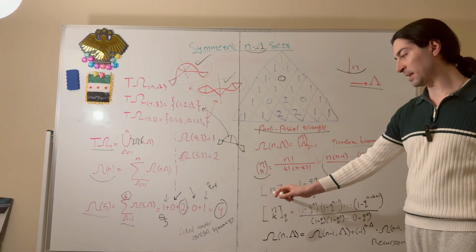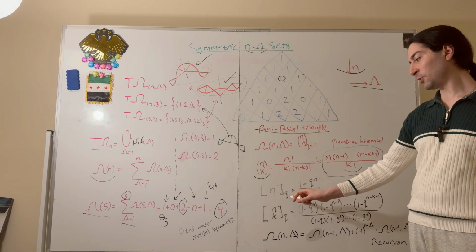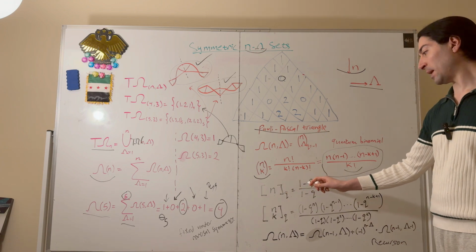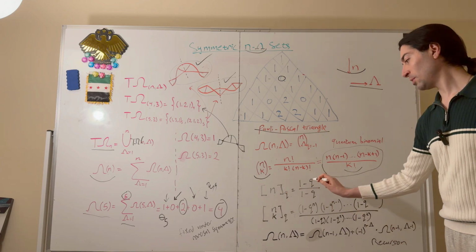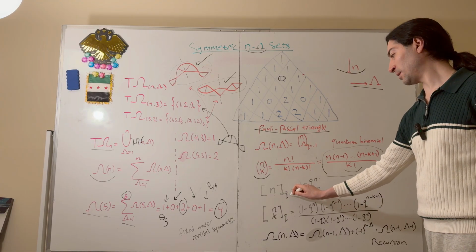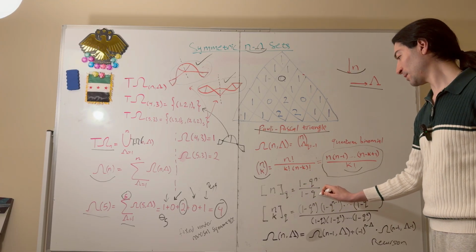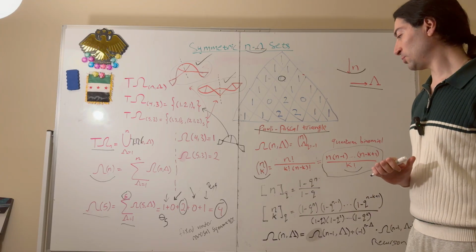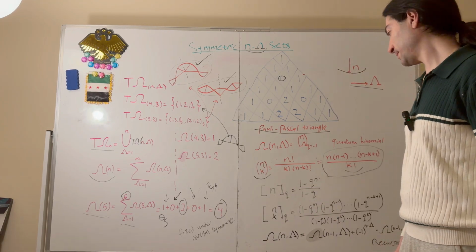Let's say n is 5 and q is 2. Then this would be equal to 1 minus 2 to the power of 5 over 1 minus 2. So basically, this is how we do the quantum expansion.